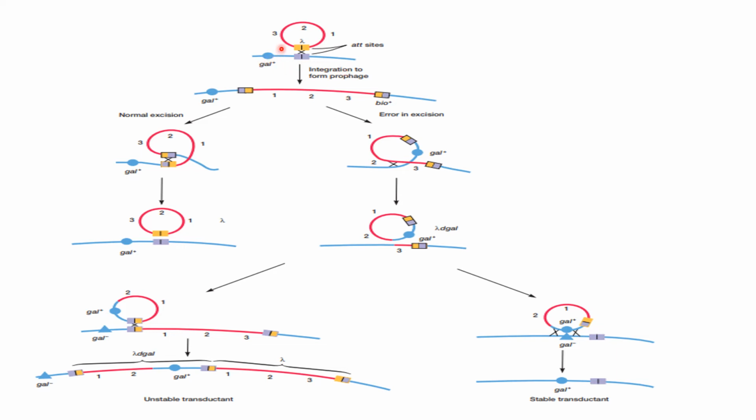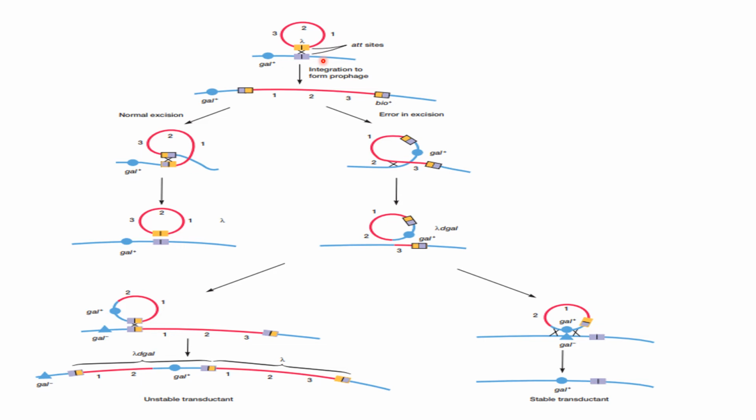Once the phage gene enters inside the bacterial cytoplasm, as I said, in lysogeny, integration of the phage gene will be happening inside the bacterial chromosome. This integration happens especially in a region called att site, present in both the phage genome and bacterial genome. The yellow color one and the blue color one, here what you see is the same site present in both phage gene and the bacterial genome.